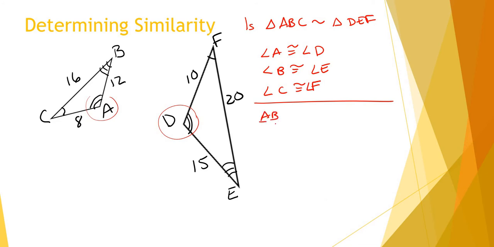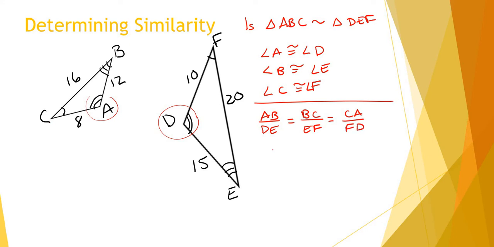I want to look at AB and see if that's congruent to DE. Or excuse me, not congruent. If the ratio of AB to DE is equal to the ratio of BC to EF, which is equal to the ratio of CA to FD.